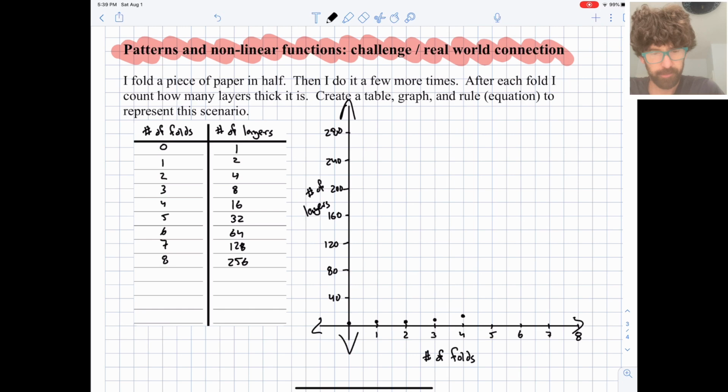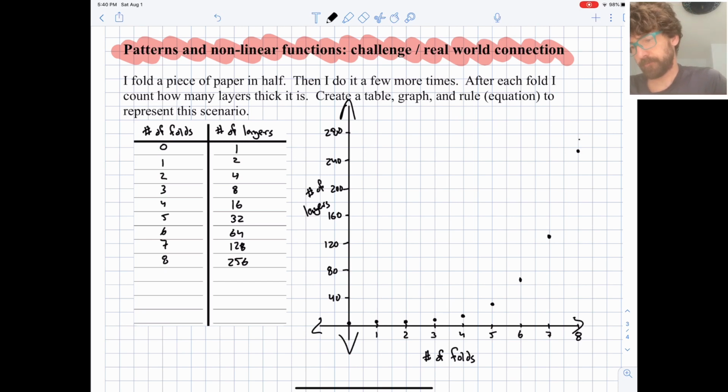But then, once exponential growth takes off, it really just takes off. And I think you'll see that here. 6, we have 64. 7, we have 128. And 8, we have all the way up here at 256. Roughly in there.